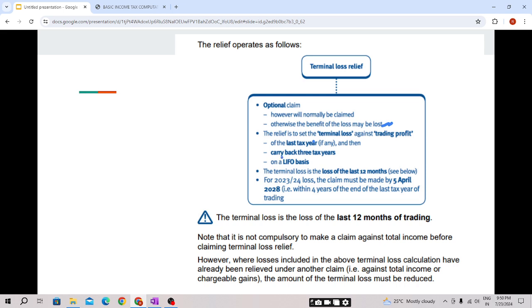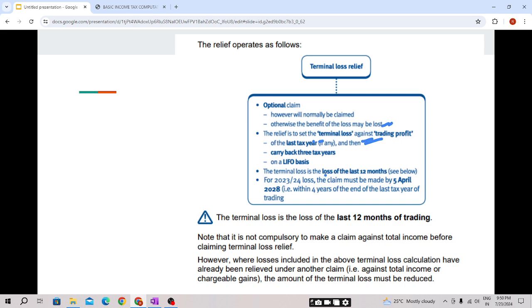So students, first we need to set off against the trading profit of the last tax year, if any, and then carry back 3 tax years on a LIFO basis.